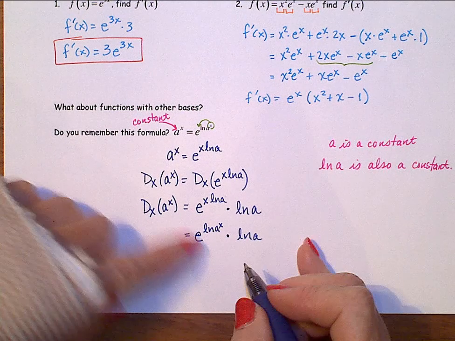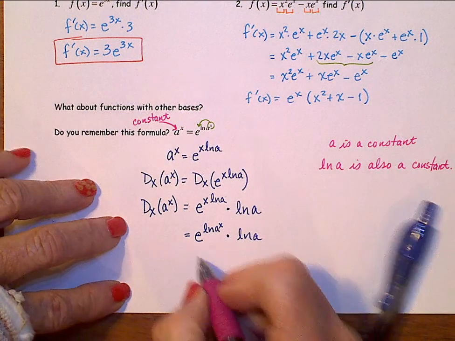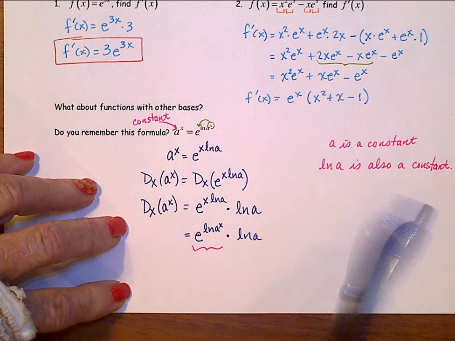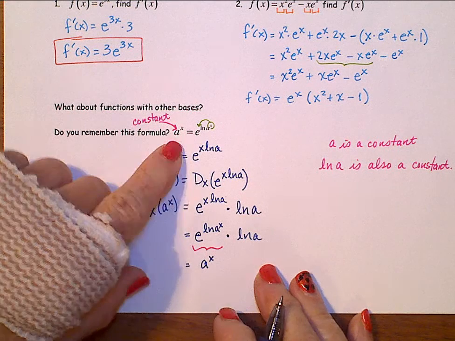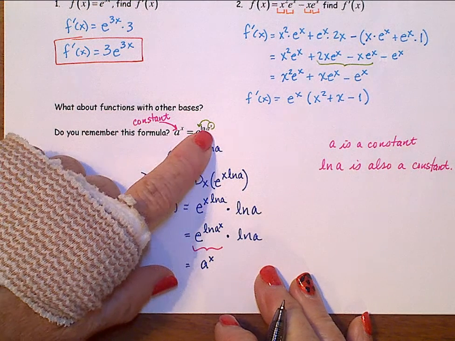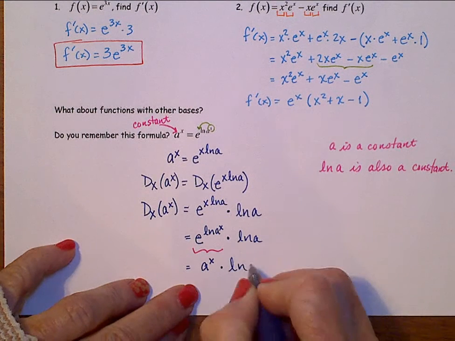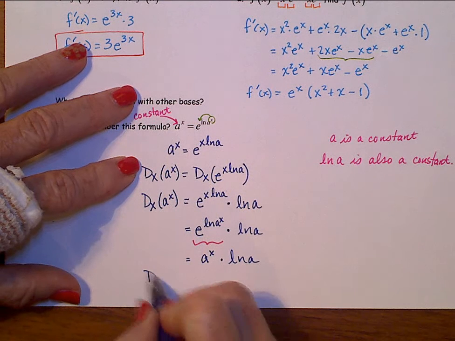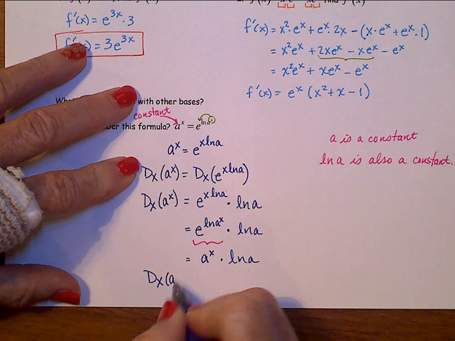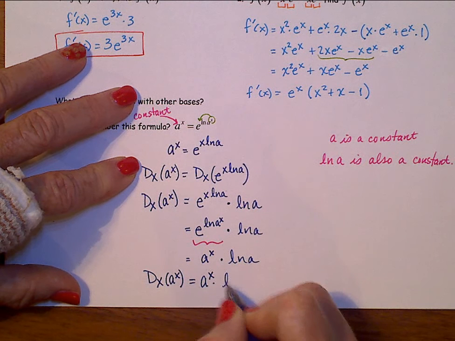And then right back up here at our beginning line, this piece right here, that is a to the x. a to the x is e to the ln a to the x. That's a to the x times ln a. Oh, look at that. The derivative of a to the x is a to the x times ln a.